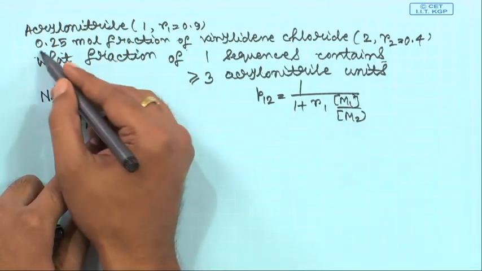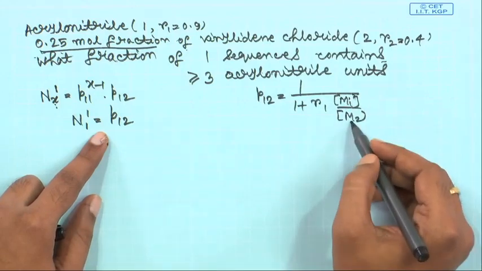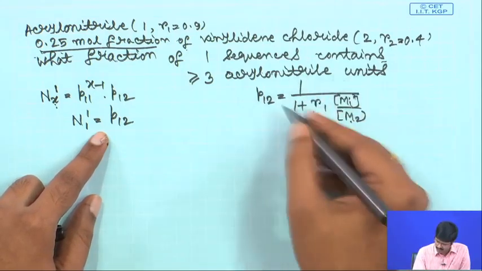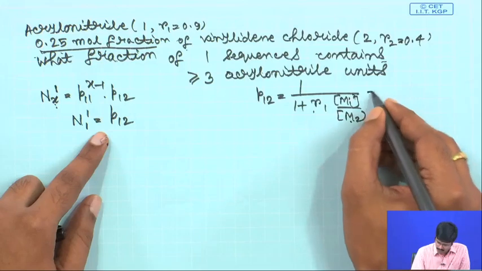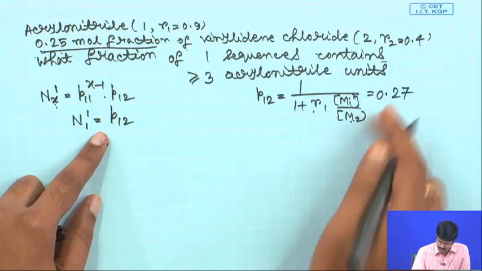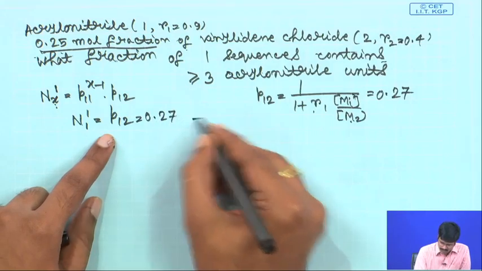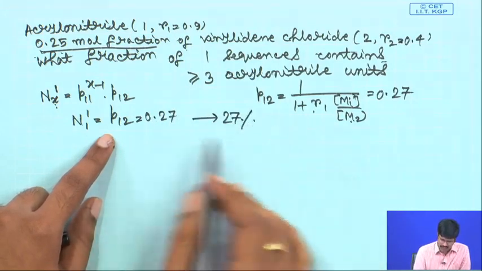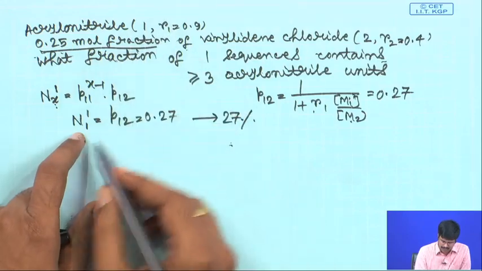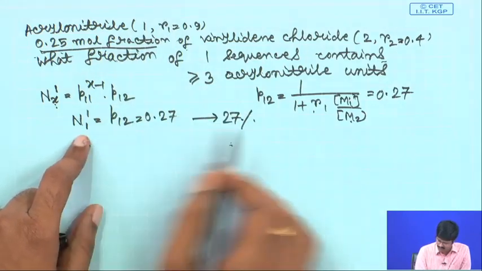So, you know the ratio because the 0.25 mole fraction is there. So, this 0.25 divided by 0.75, the R1 value is there. So, P12 will be, according to what I have calculated here, 0.27. So, you can put that value here, that will be 0.27. So, 27% of total monomer 1 is present as only a single unit.